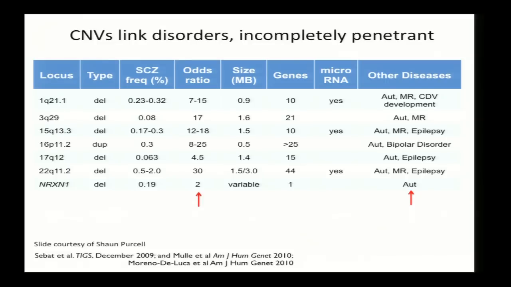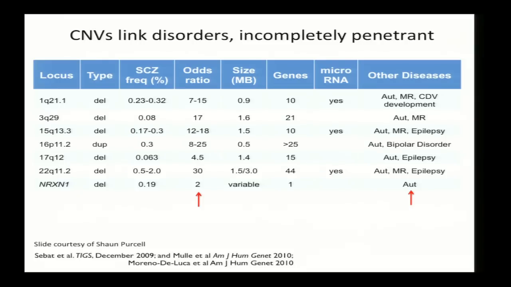It was the form we could start to see on array-based platforms several years before we had the technology to systematically ascertain rare point mutations via sequencing.